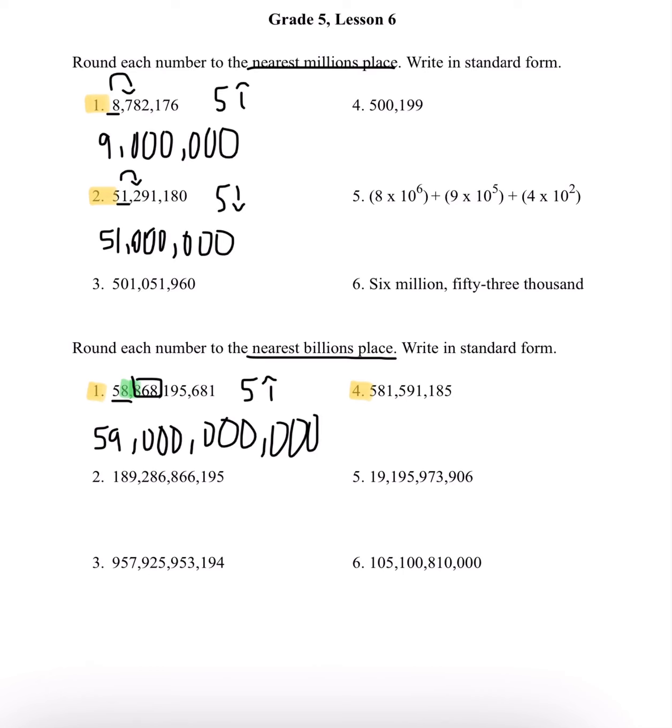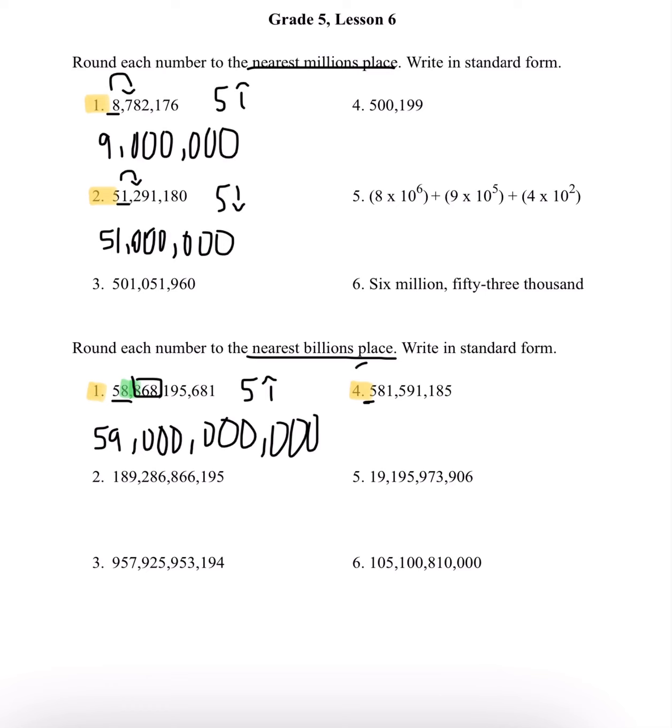Next, for number 4, we see right here the billions place. That's the millions place. The nearest is right here. So we'll say this is a 0 for the billions place.